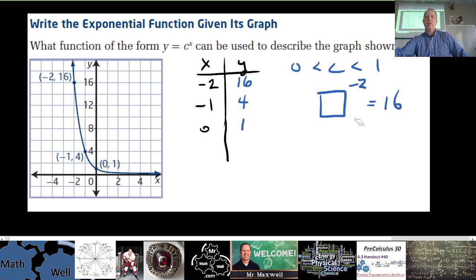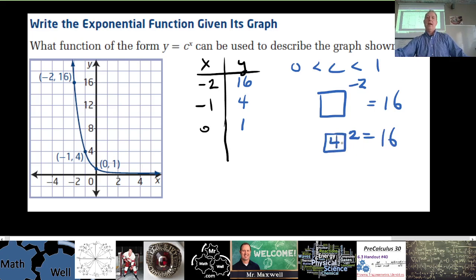So positive 16. What number to the power of 2 is going to be 16? For example, I can just take this negative sign away, and this is an easier one to solve, right? What is this answer? This is 4.